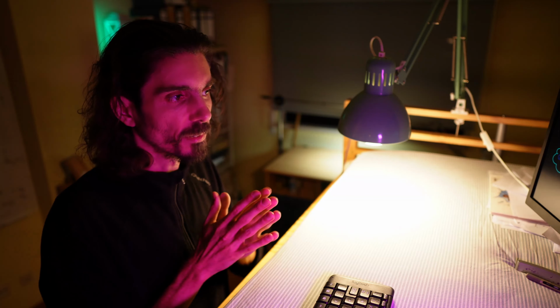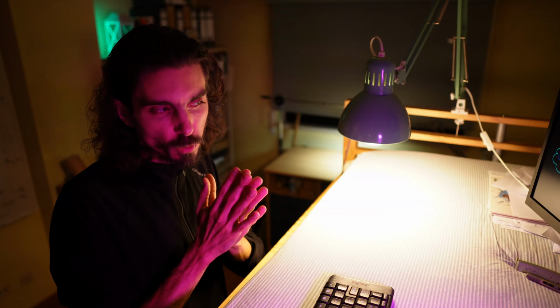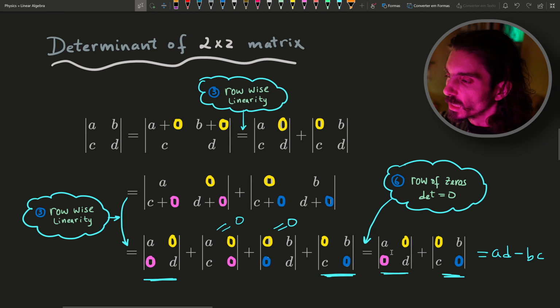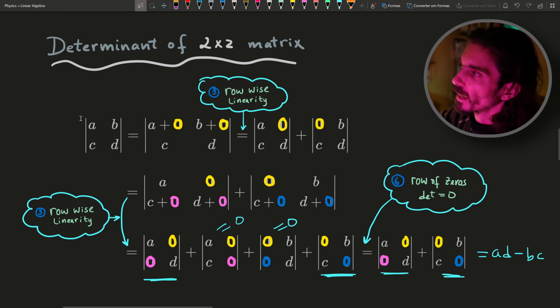Very important ideas, because if you look closely, it looks as if I pick the A here, I put 0 here and 0 here, and it survives the D. And then I pick the B, I put a 0 here, I put a 0 there, and so only the C survives that.